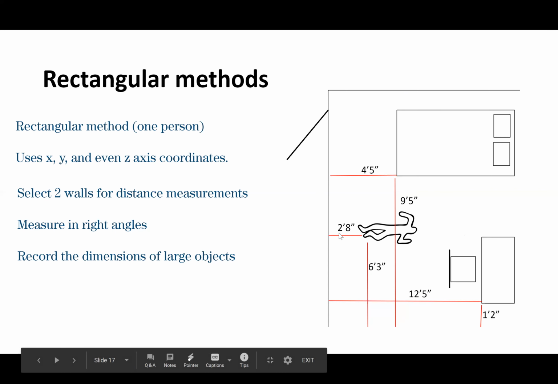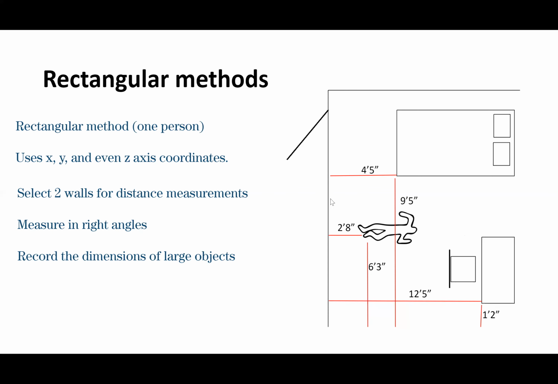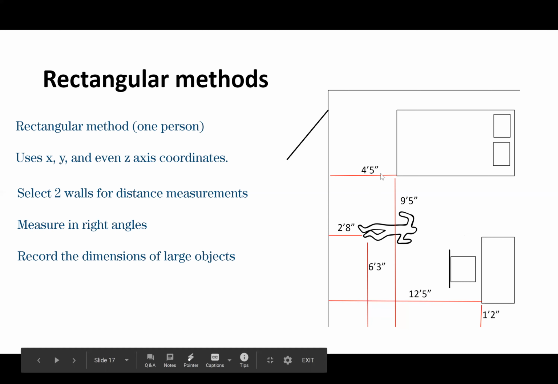The dead person here is 2 feet 8 inches from the left wall and 6 feet 3 inches from the bottom wall. And this desk over here is 12 feet 5 inches from the left and 1 foot 2 inches from the bottom. So you can see that you're using the same two walls, and all of these are right angles, or should be. Okay, that's the rectangular method.